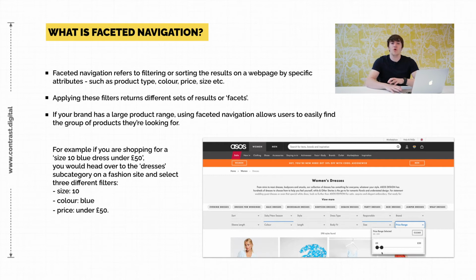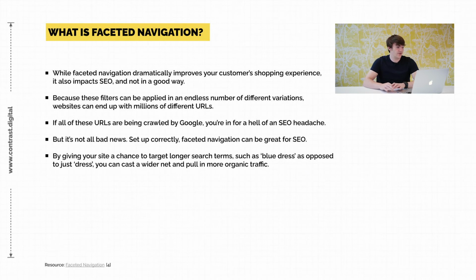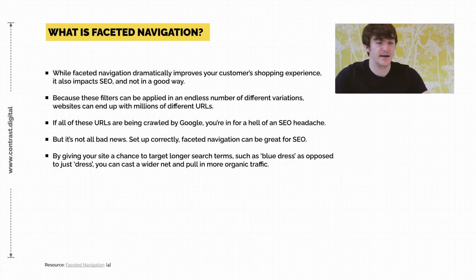It does have its drawbacks though, which is that from an SEO perspective, it can create a big headache. And we've seen this a lot on custom platforms where they create these URLs, because if you actually looked and clicked into Chrome on these faceted search filters, there are loads of parameters, so these URLs get really, really long.